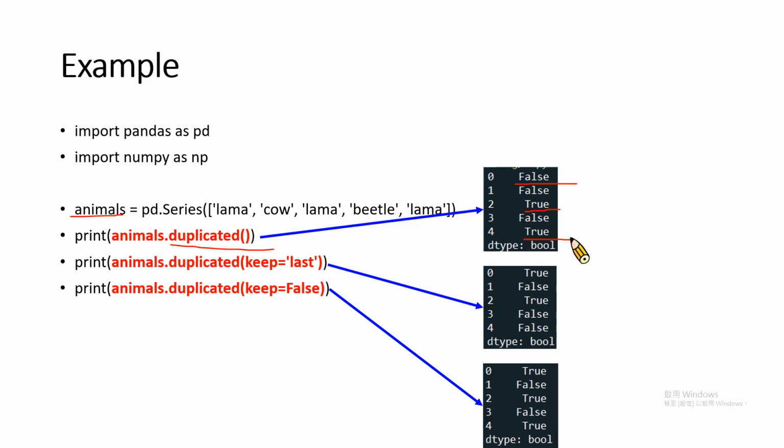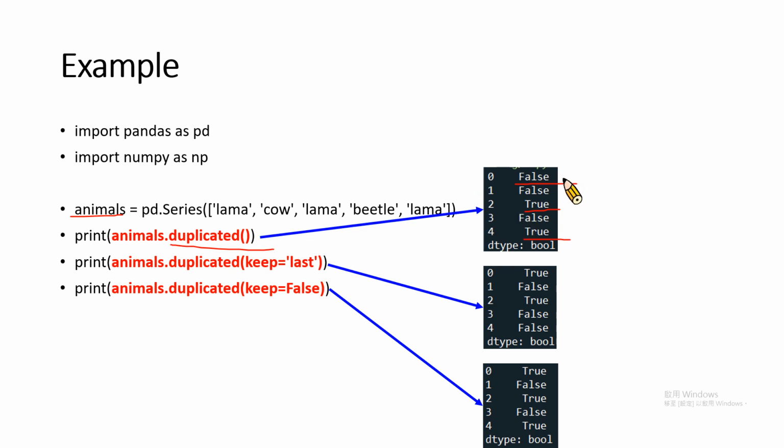So we mark the first duplicate value as false, so that if we delete according to the resulting Boolean series, the first duplicate value will be kept, and the others will be removed.